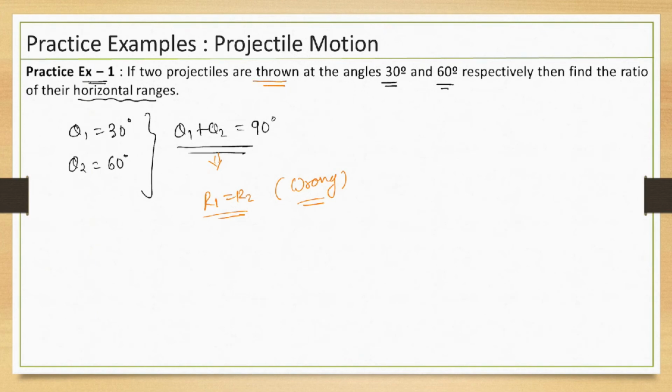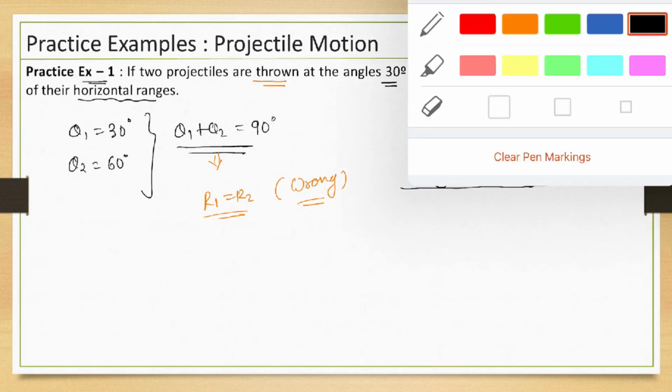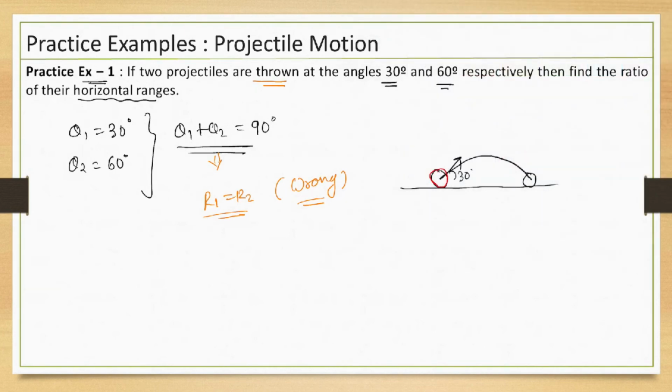Suppose this object is thrown at 30 degree and reaches somewhere here, and the second object is thrown at 60 degree, but its speed is very high. Suppose here the speed is v01 and here it is v02, and v02 is much greater than v01, then maybe this type of thing is possible.